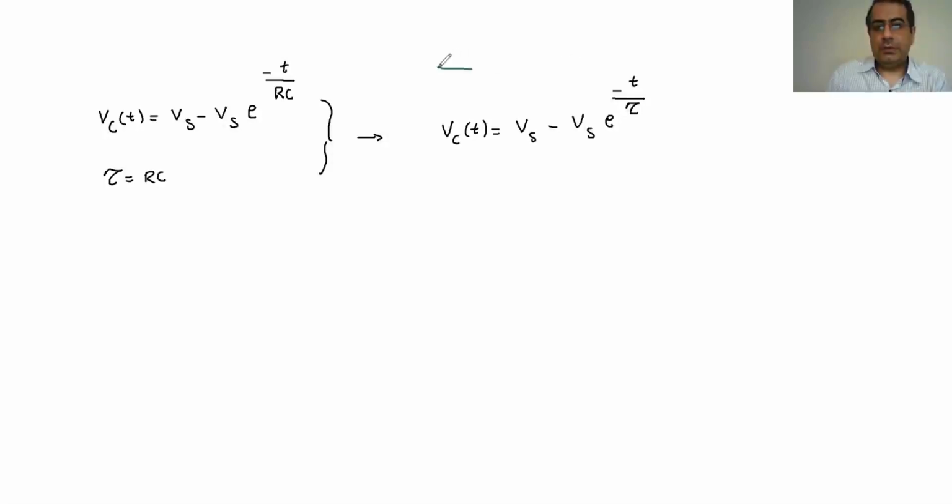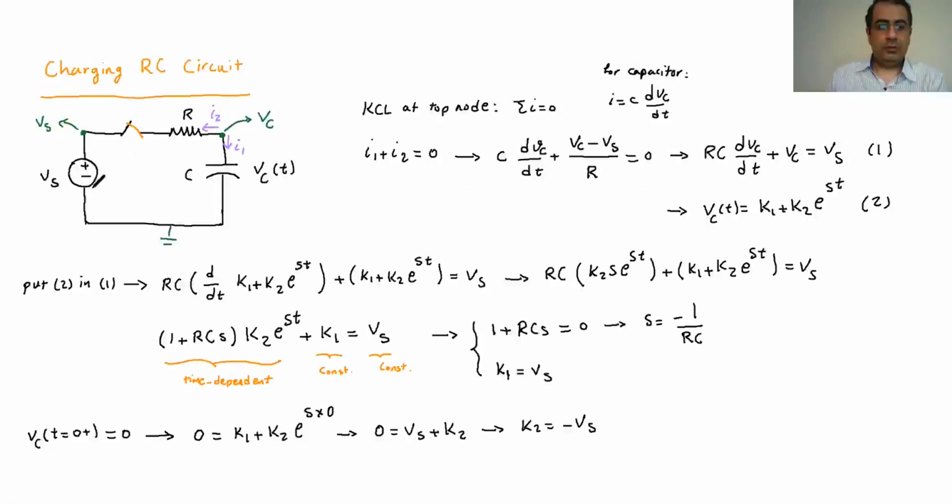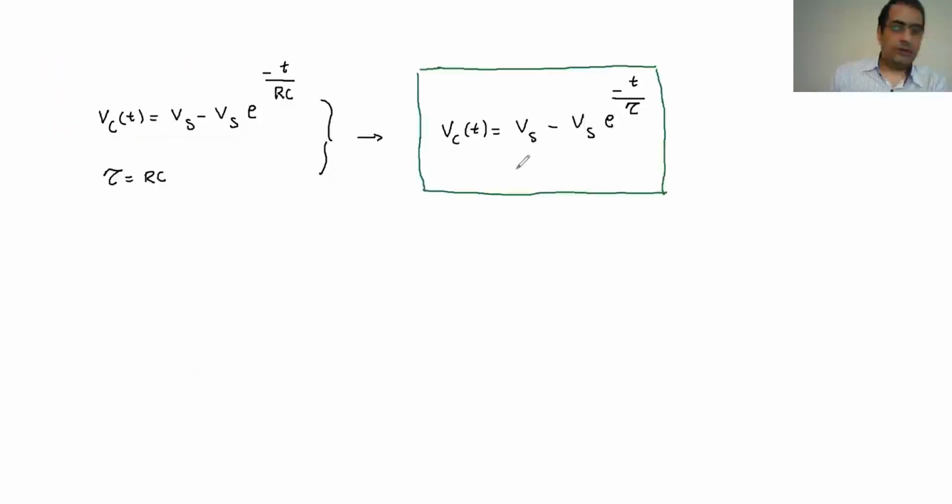So this equation shows how the capacitor would be charged in an RC circuit. Eventually, if we go back again here, if it's 0, and then when we connect it to the battery, it's going to be fully charged until it gets to the steady state condition. So that is how it's going to happen.